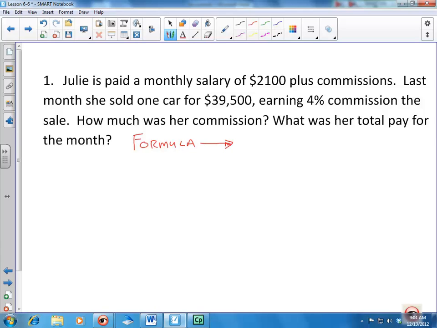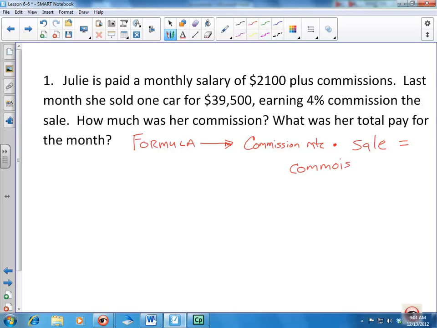It is our commission rate times the sale, and that equals our commission.